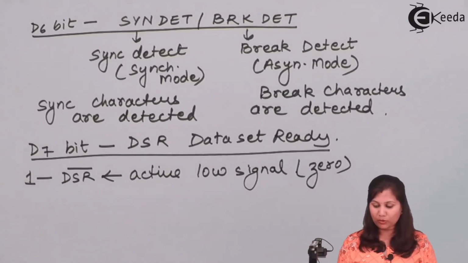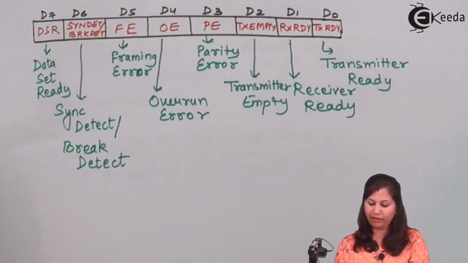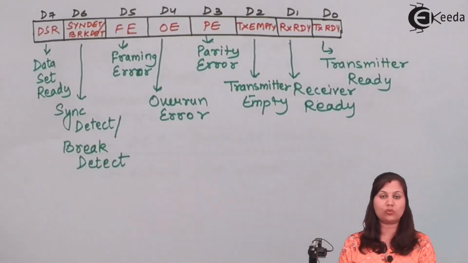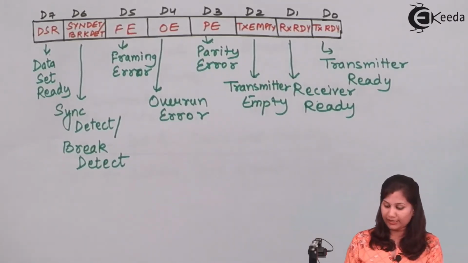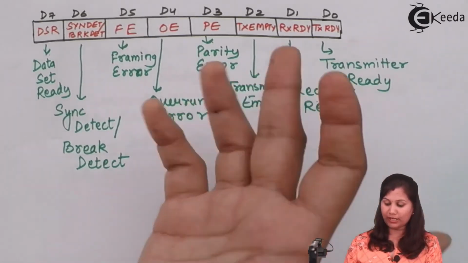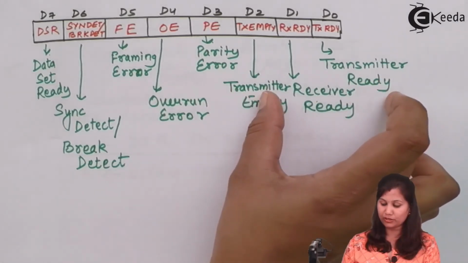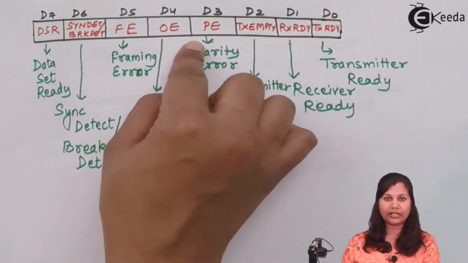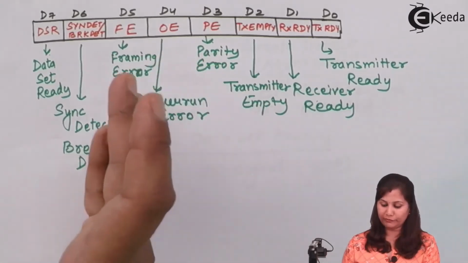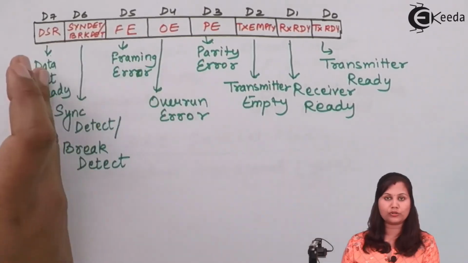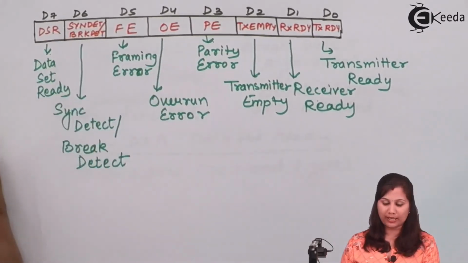So we have studied the function of all the 8 bits, what they define. Transmitter ready, receiver ready, transmitter empty: these are for the receiver and the transmitter section. Then these are for the errors: parity, overrun, framing. And these two are also for the receiver and the transmitter.